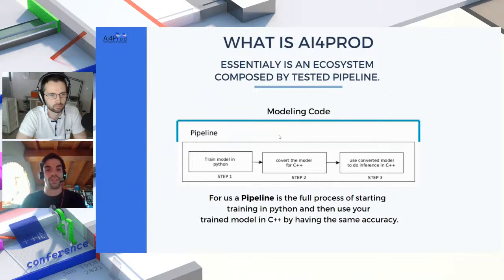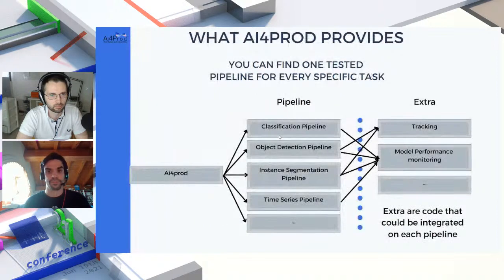Step 2, I'm going to convert my model for the C++ inference engine. And then step 3, I want to hit the real world, so I'm going to exploit my converted model inside my C++ inference stage. This is the whole pipeline, and these are the steps that you can follow with our ecosystem.